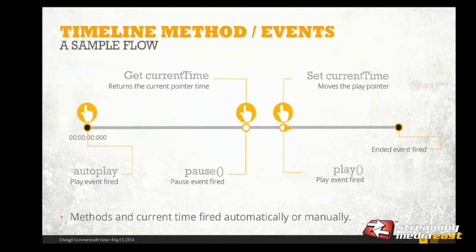We also have then our get and set current time, so we can move the cursor in the video or get the current position of the video. We have our pause and our play, and then finally we have an event at the end that's fired when the end of the video is reached. Okay, so this is all standard on the HTML5 video component and element.